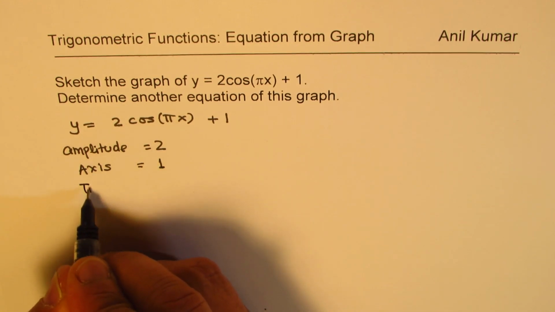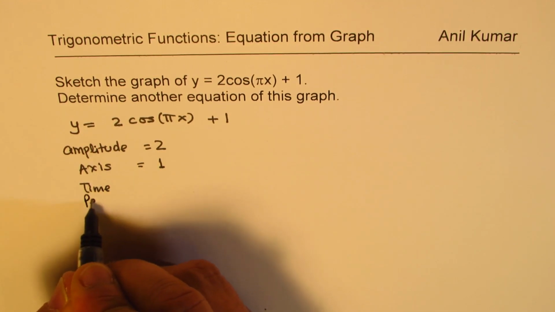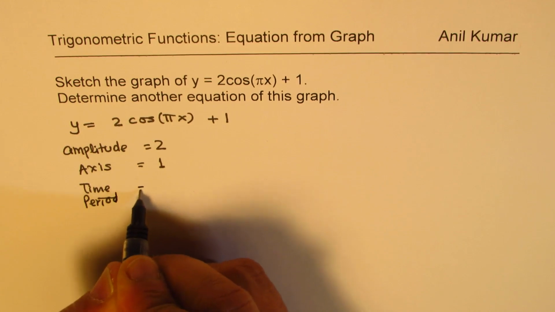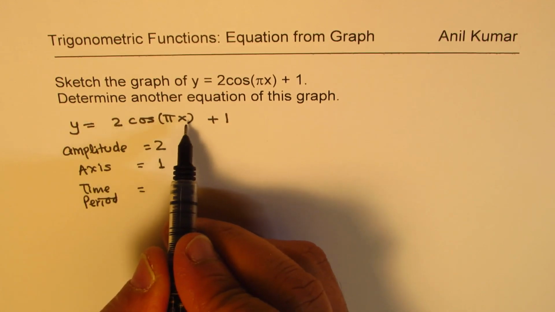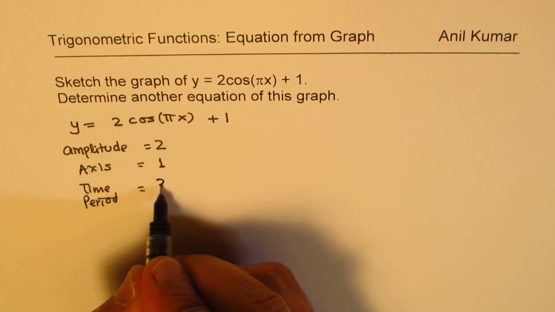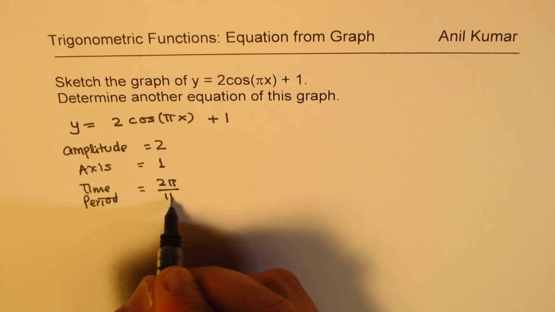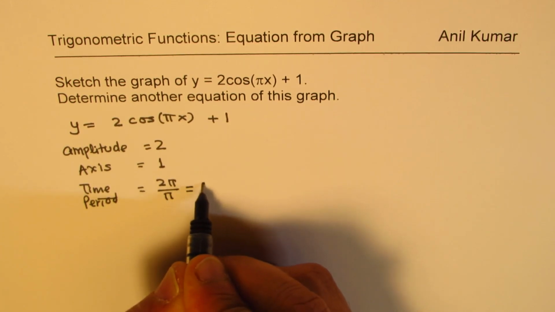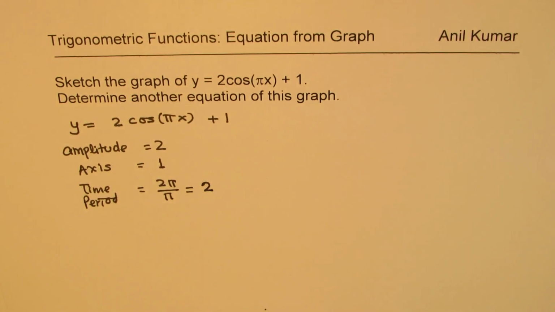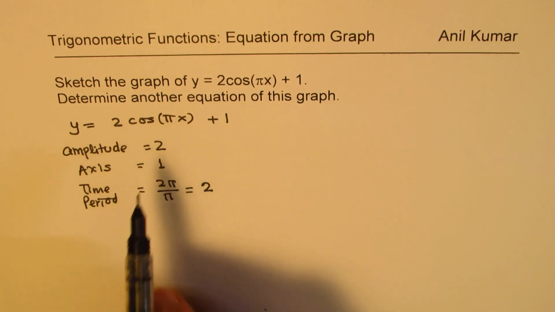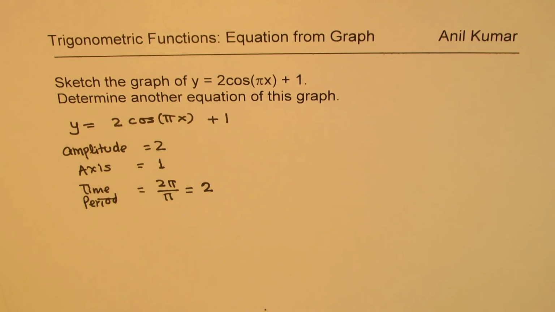What is the time period? Now, time period, we have got pi times x. So that means time period is 2 pi divided by pi. So the time period is 2, right? Now it's a cosine function without any phase shift.